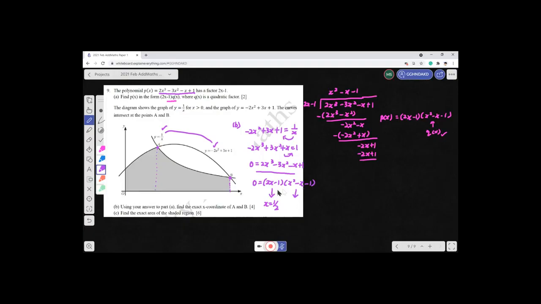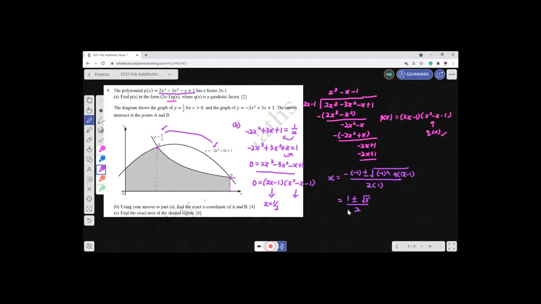So in order to do this, they say exact x coordinate, which means that I need to apply negative b plus minus square root of b squared minus 4ac, all over 2a. Okay, so you get 1 plus minus square root 5 over 2.